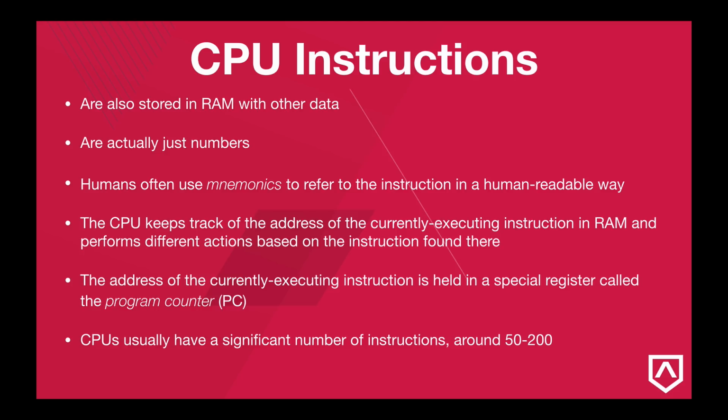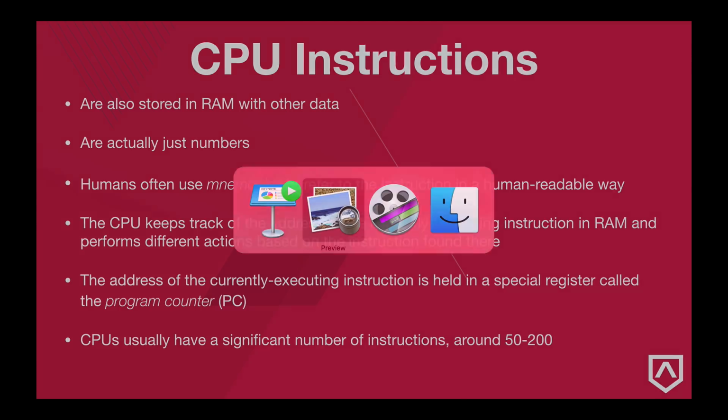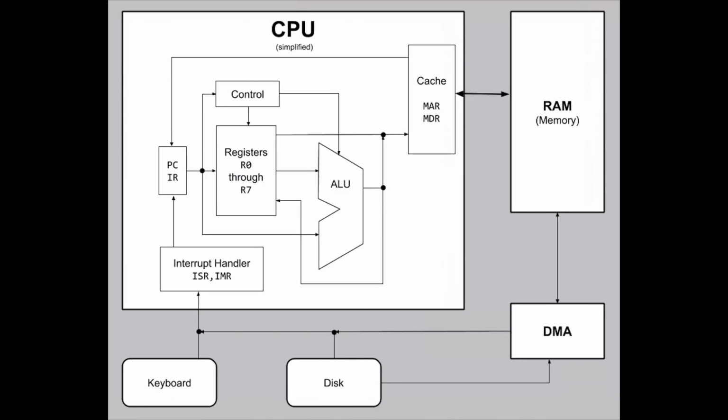So basically what happens is the CPU gets an instruction number out of memory, out of RAM, and it pulls it over here and it decides what to do with it. It decides if it's an add instruction, it needs to use the ALU to add, or if it's a multiply instruction, it uses the ALU to multiply, or if it's a different kind of instruction, it may do other things altogether. But basically it looks at the number it got out of RAM and decides what to do based on that number. And each instruction has a very specific number that corresponds to it.